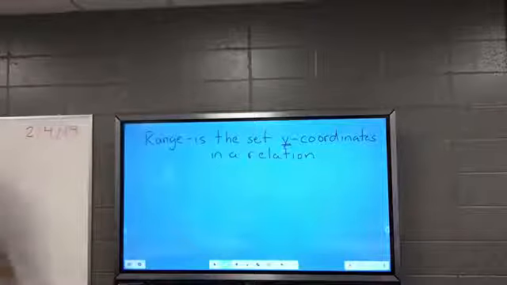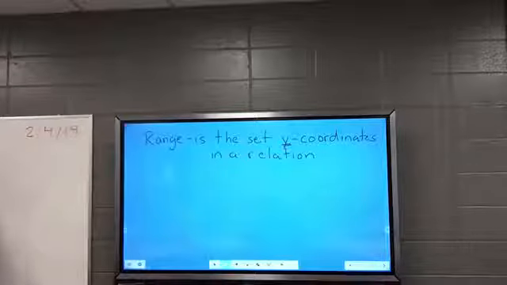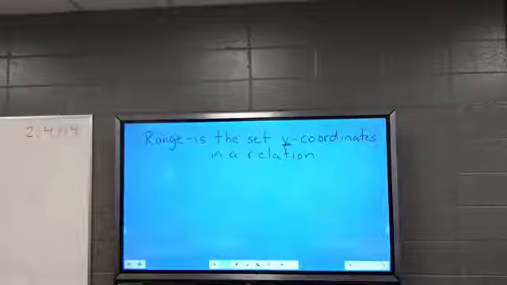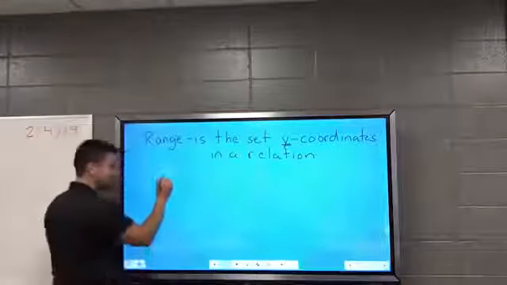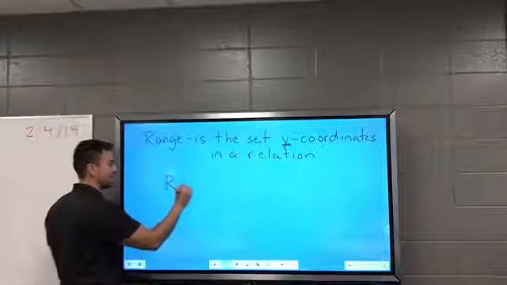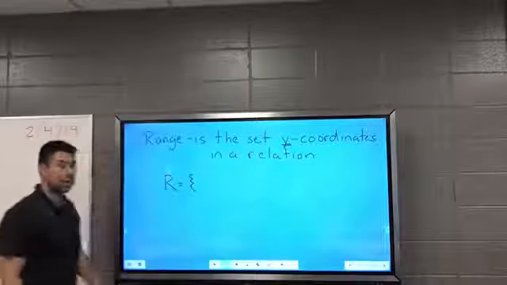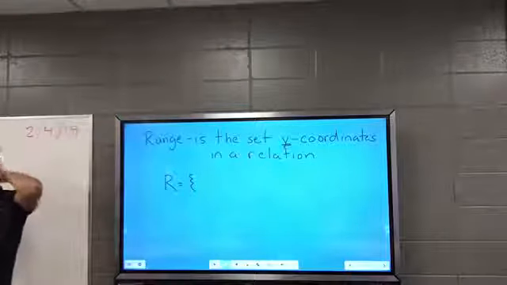Okay, that's fine. But it should be the y coordinates. Looking at that relation, what are all the y values? They're all the second numbers in each set of parentheses. So can anyone give them from least to greatest? You're going to put it here: R equals, open brace, and then give me all the y values. In order, least to greatest.